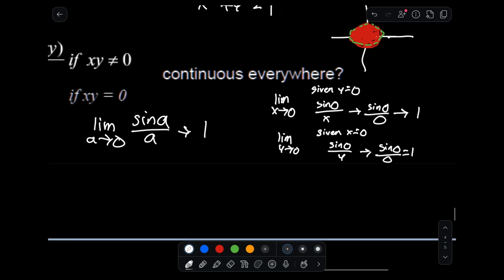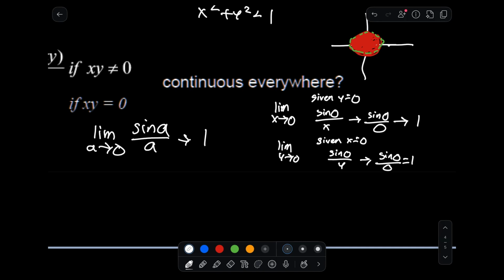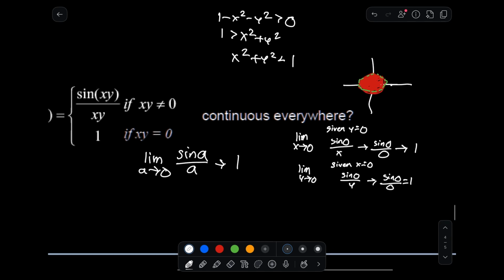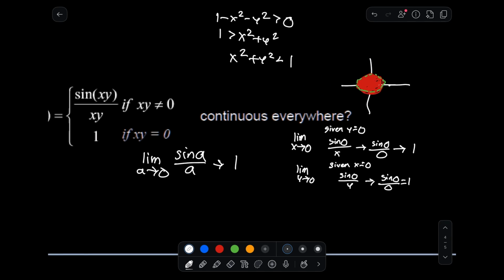And that gives us the same idea, right? So even if it's 0, 0 for both of them, it's still going to be sine of 0 over 0, which we know from calculus 1 is one of the most famous limits. It's going to equal 1, excuse me. You can use L'Hopital's rule, you can use the squeeze theorem, you can use any of those rules to solve for that.